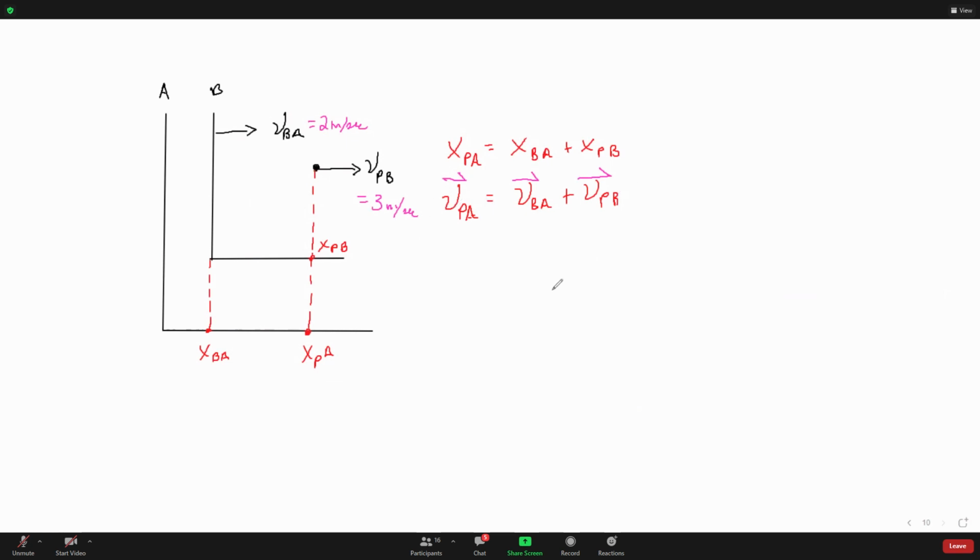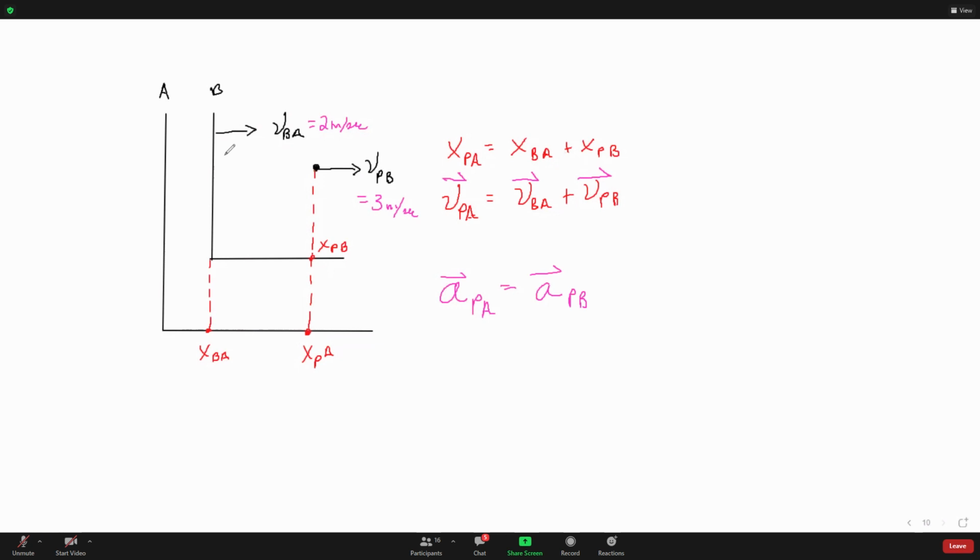So if I differentiate this all the way through, I'll get the acceleration of the particle as measured in A equals 0, because B is not accelerating, plus the acceleration of the particle in B. So these two frames are what is called inertial reference frames.